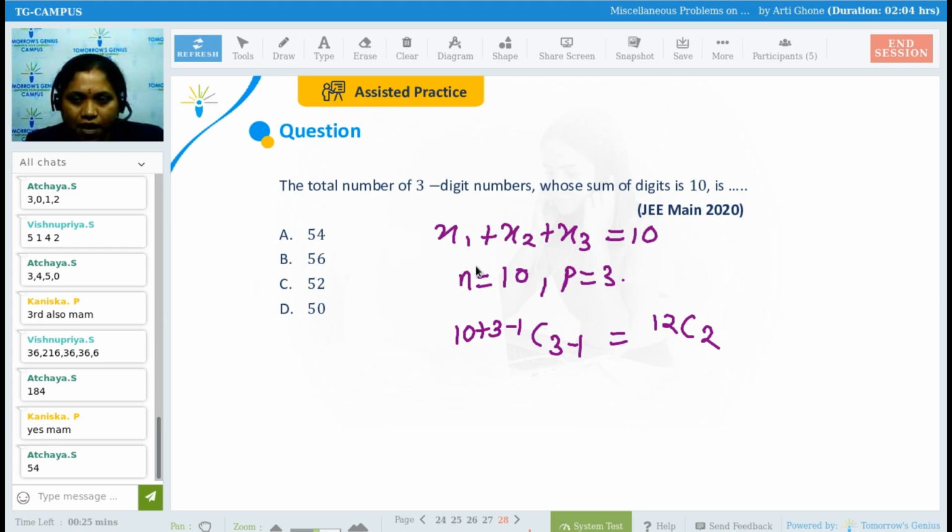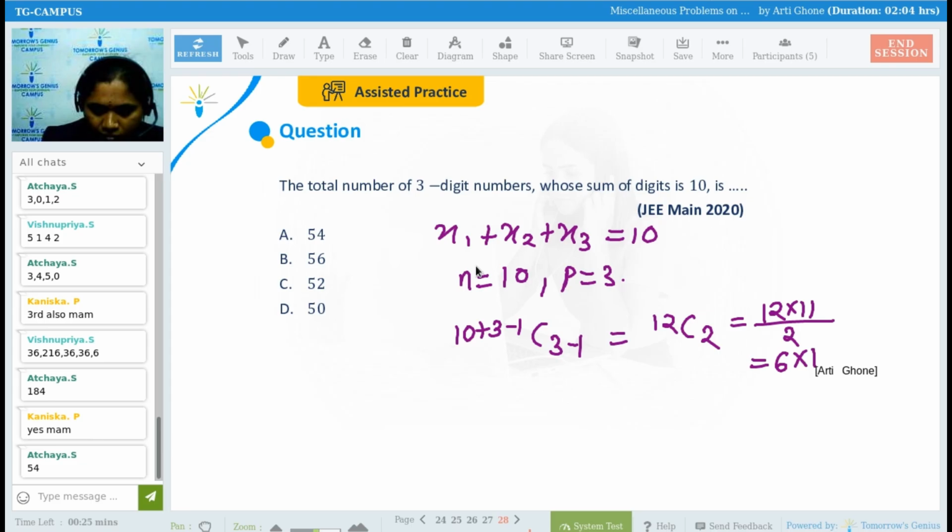Okay, clear? What is the answer? Okay, you got the answer 54. How? Your answer is in the options, and we got the answer of 66.